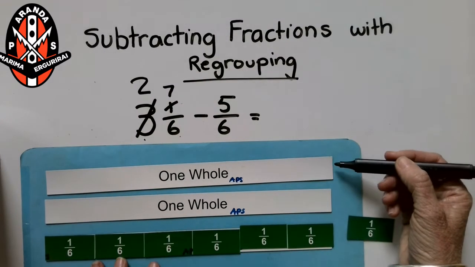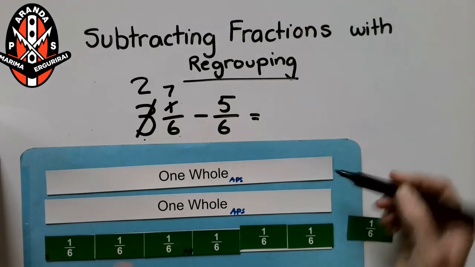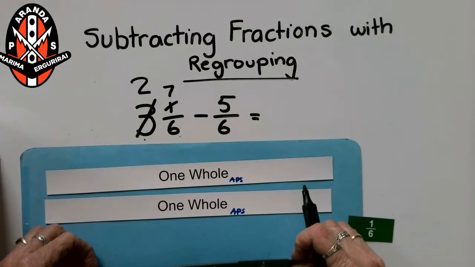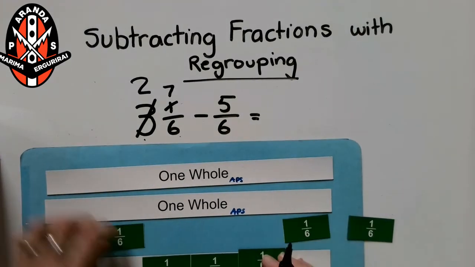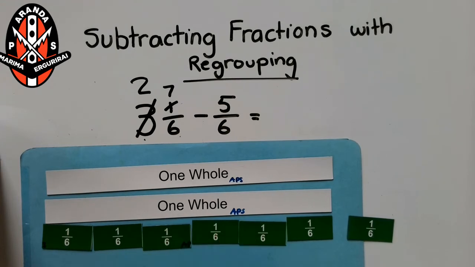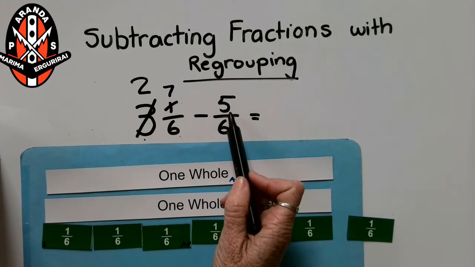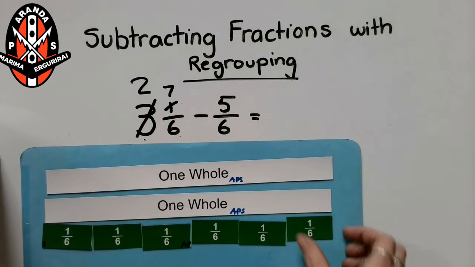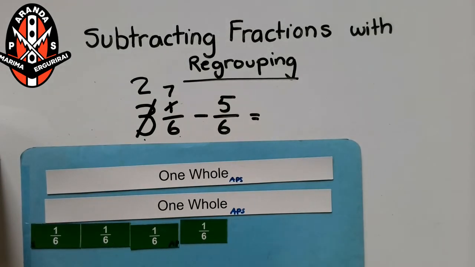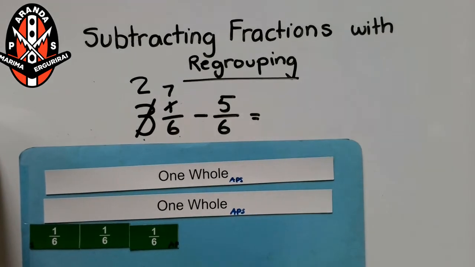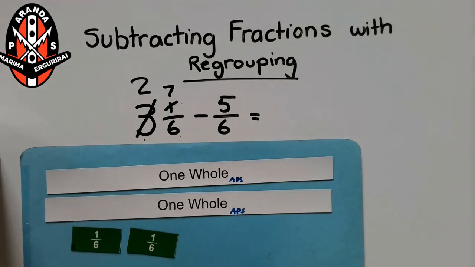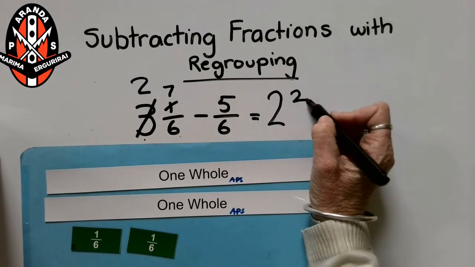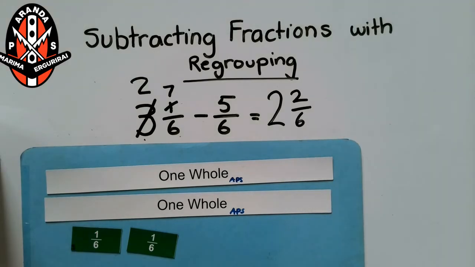I've now written it as 2 wholes and 7/6. So now that I have my 2 wholes and my 7/6, I can actually now take away 5/6. So if we do that, 1, 2, 3, 4, 5, I'm left with 2 wholes and 2 sixths.